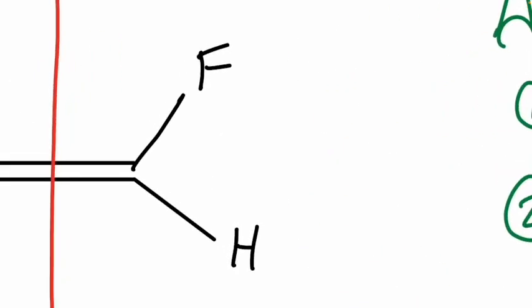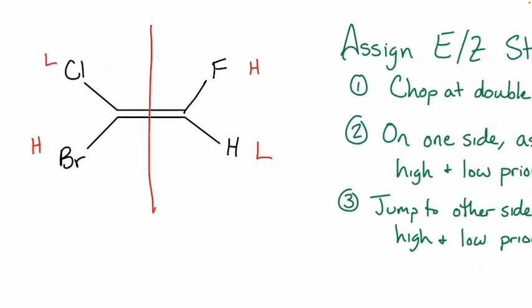So looking at this other side here, completely ignoring the first one, which is the high priority group, fluorine or hydrogen. Fluorine's high, hydrogen is low. All right?